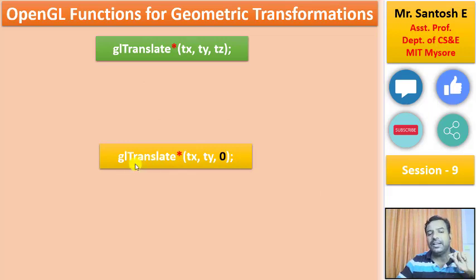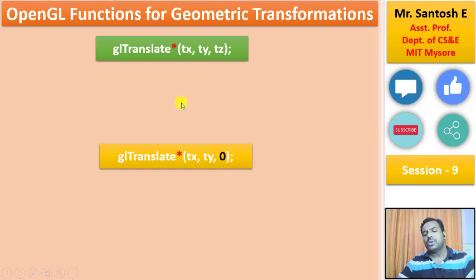It is still a 3D translation function. What we are doing here is just making the z parameter 0, but it still works with the same 4x4 matrix. This is just for your information: there is only one OpenGL function for translation, for both 3D and 2D, but it depends upon how you use the z value, the third parameter of this function.